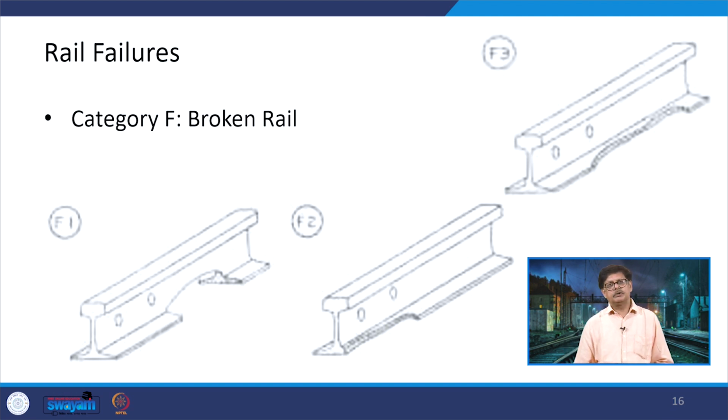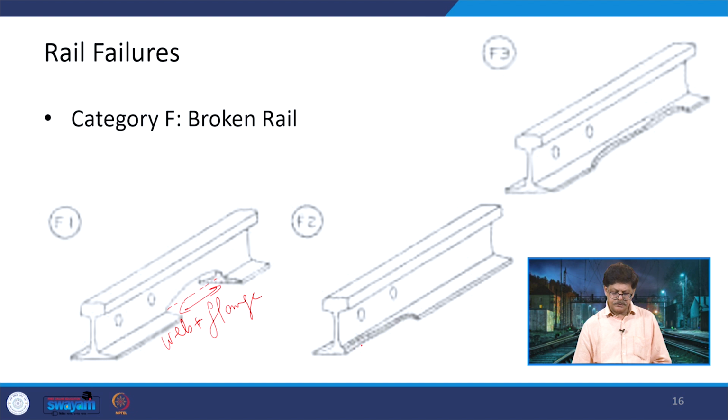Now, previously we were talking about the broken conditions in the rail head. Now, what we are seeing is in the flange area. Here it is a combination of web and flange, because a section of the web has also broken down.